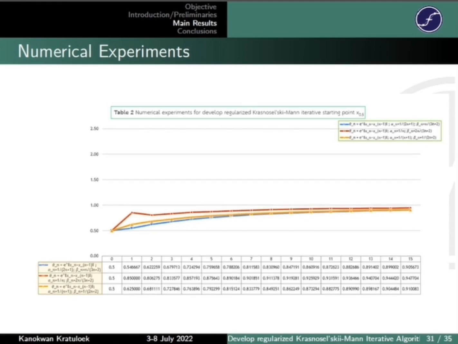In all cases considered for parameters lambda, alpha_n, beta_n, and theta_n, for starting value x0 equal to 0.5, the developed regularized Krasnosel'skii-Mann iterations converge extremely slowly. Developed regularized Krasnosel'skii-Mann does not show iterations of the fixed point.